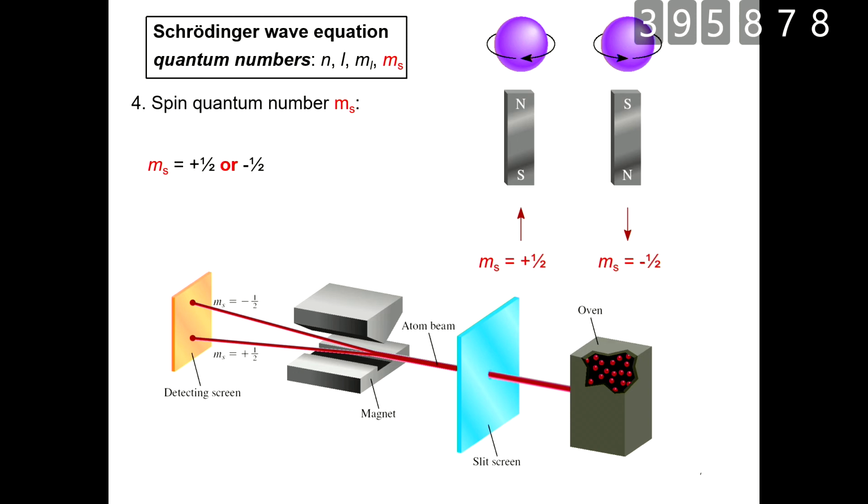Okay. So this is why when the electron goes through the magnetic field, some can go up and some can go down. It's because they have different spin quantum numbers. So this is also about the magnetic properties of the electrons.